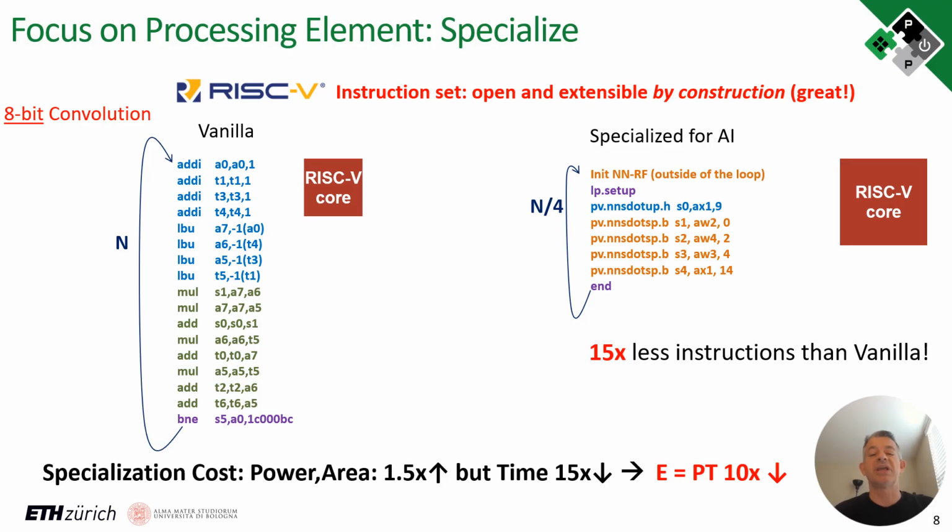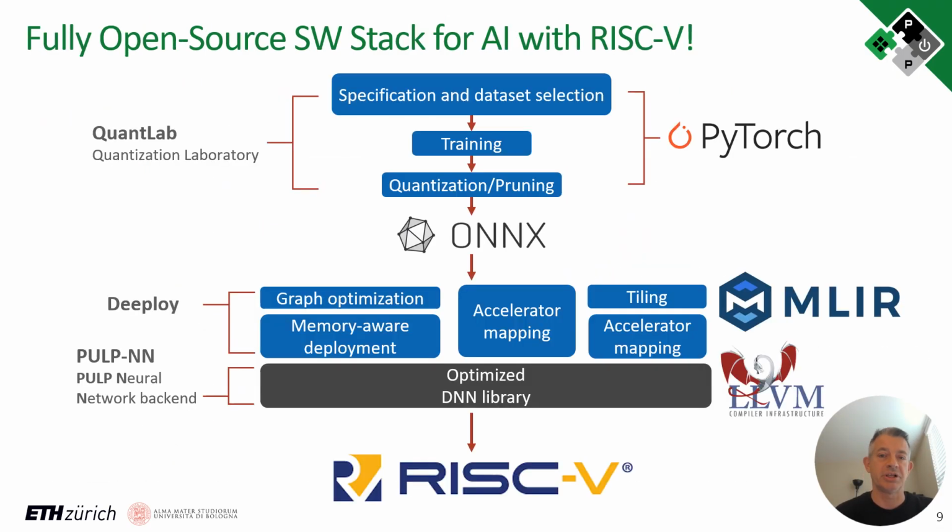And indeed, this is the case. In fact, the complexity increase and the power increase is marginal with respect to the performance increase given by instruction specialization. And here we gain one order of magnitude in energy efficiency. So we have shown here that with instruction set specialization, we can gain up to an order of magnitude of efficiency between a vanilla RISC-V processing element and a highly specialized RISC-V processing element.